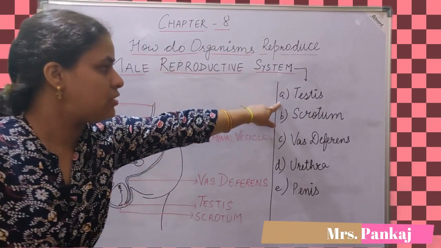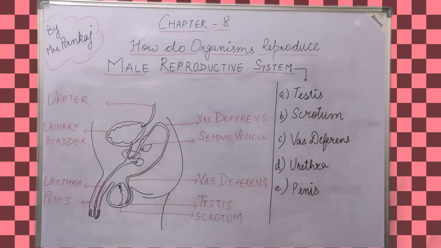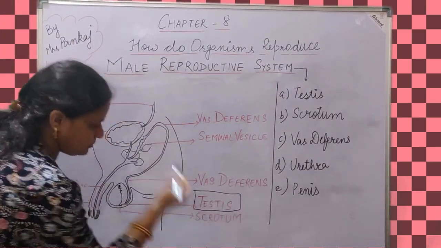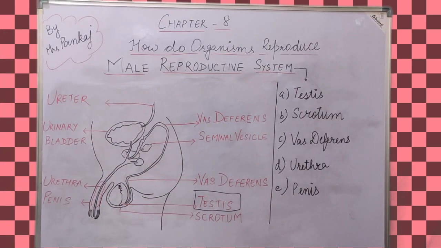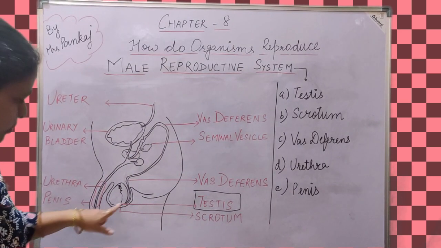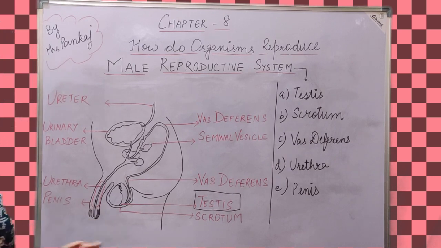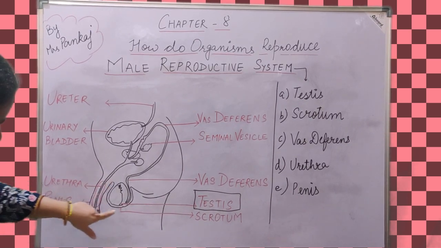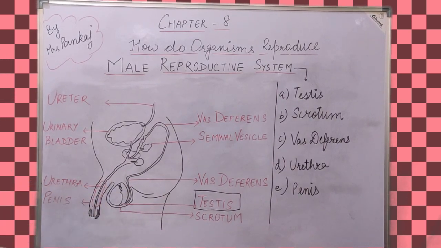The very first thing is testes. You can see the testes is written here. Fine. The human male possesses two testes, which are the primary reproductive organs, lying outside the abdominal cavity.